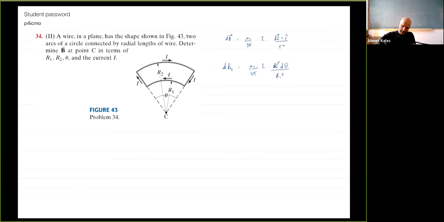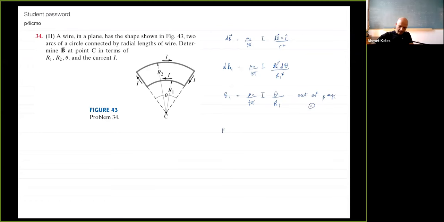I cancel these. And I find something like that. If I integrate, B1 is equal to mu 0 over 4 pi I theta divided by R1, and this is out of page.